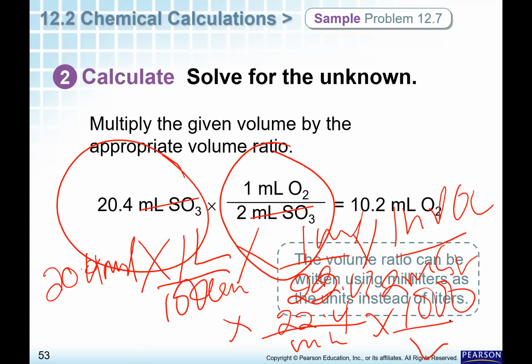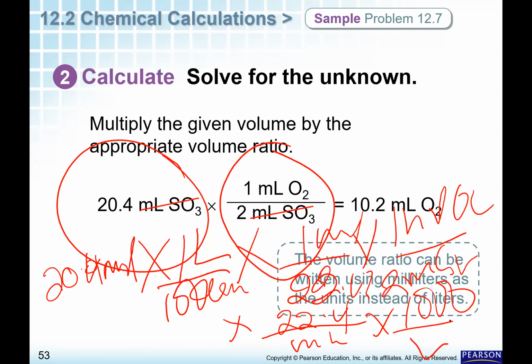Again, when we have volume to volume calculations, we don't have to go through the whole process. We can use the ratio from the equation directly. And that is for a simple reason: Avogadro's hypothesis says that under STP any mole of any gas will occupy 22.4 liters.